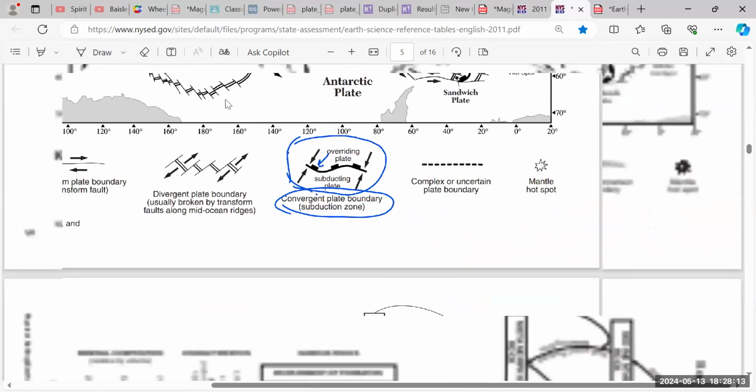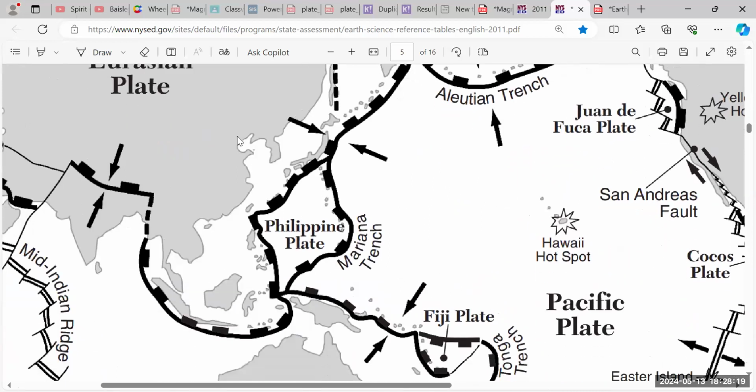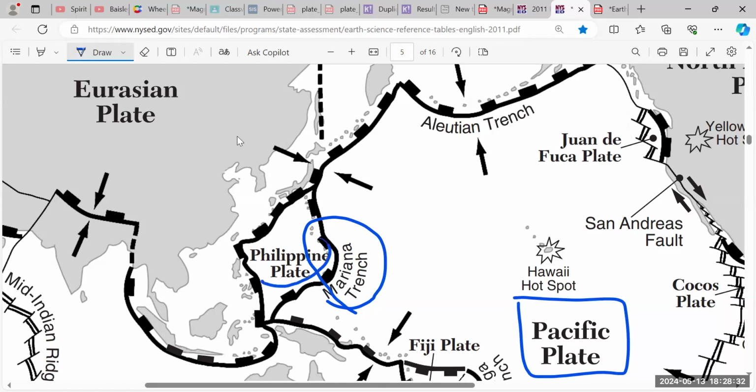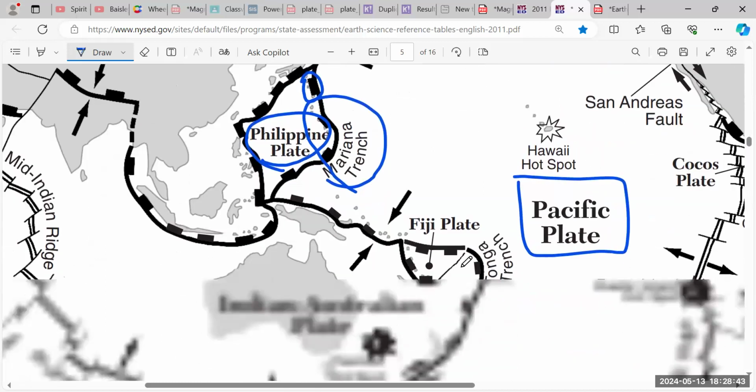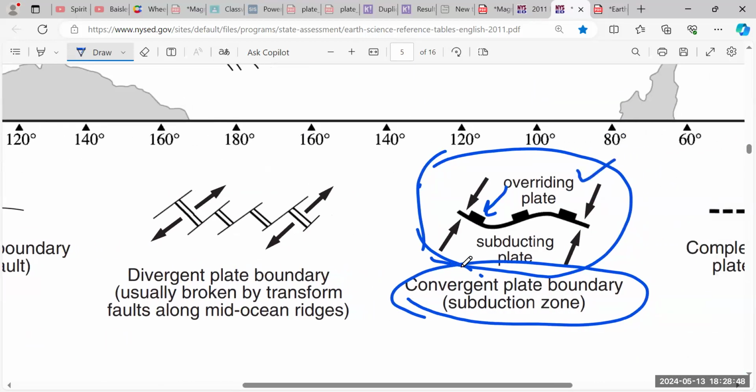All right, let's look for the Mariana Trench. When I look at the Mariana Trench, I see that it's located right here. And so what are the two plates? There's the Pacific plate and there's the Philippine plate. Which one has the boxes facing it? The Philippine plate. Because the boxes are facing the Philippine plate, when I look at the key, once again, they tell me that the plate the boxes are facing is the overriding plate.